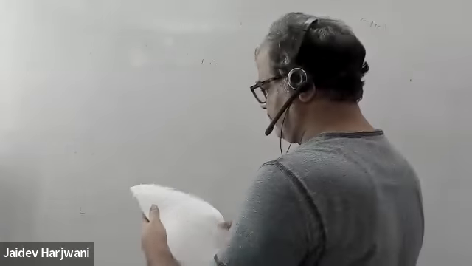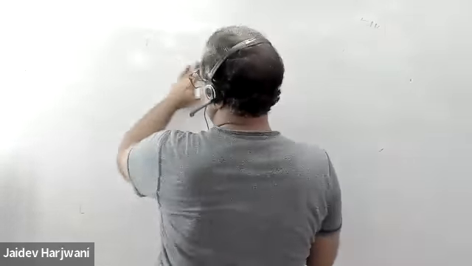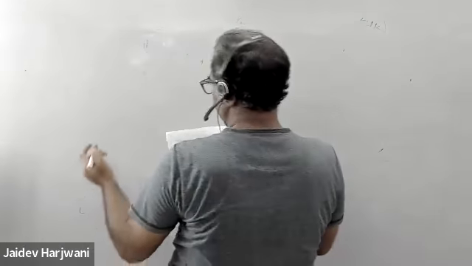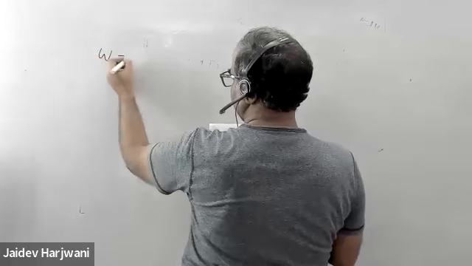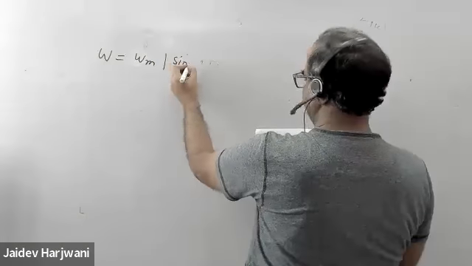Okay, so we are back. I gave one problem in the test. For a monoatomic lattice, what we derived in class is omega equals V_m sine k by 2, for 1D.